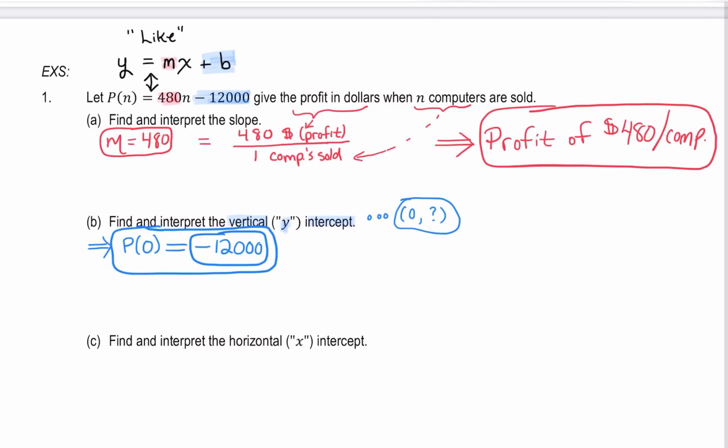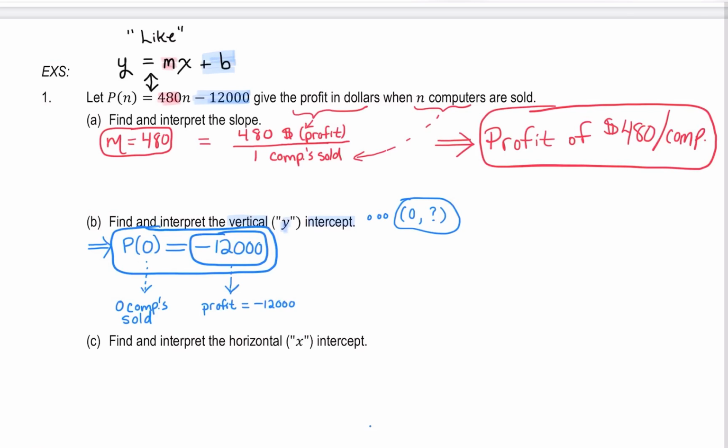When we think of it as an ordered pair, the input, the 0, is the n value, so 0 computers being sold, and then the output here is the profit. So this is telling us our profit, and that's going to sound a little weird, we're going to replace that with a different vocabulary, is negative 12,000.